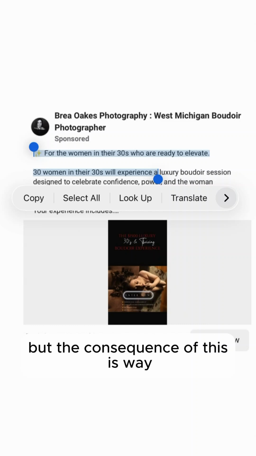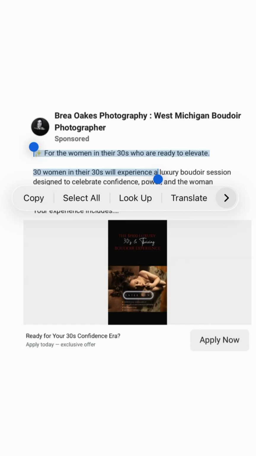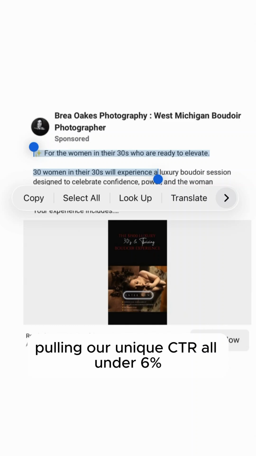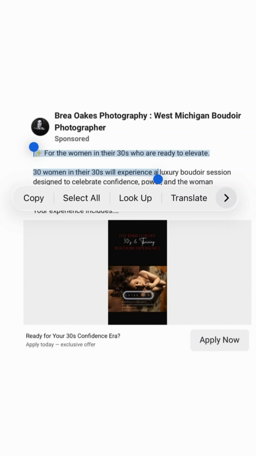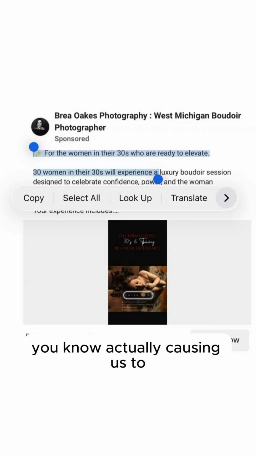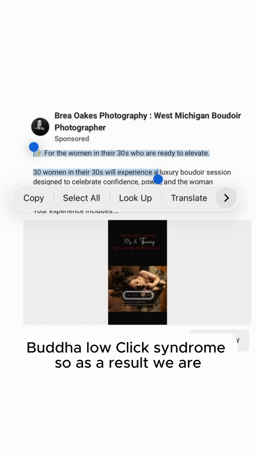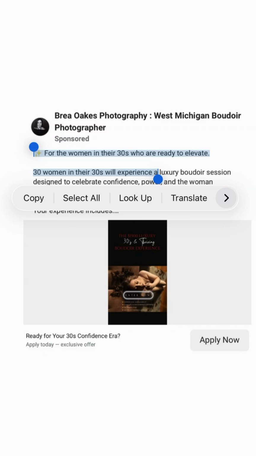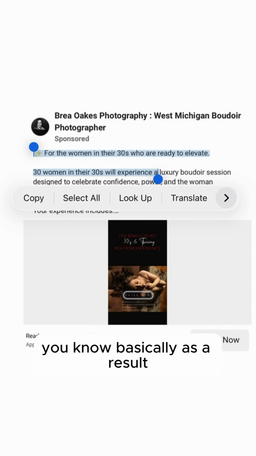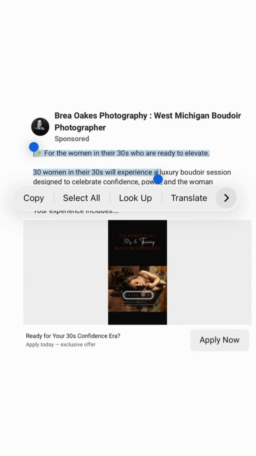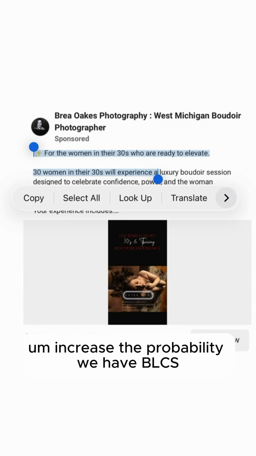But the consequence is way more women scrolling by our Boudoir Facebook ad than necessary, pulling our unique CTR under 6%, and increasing the probability we have BLCS, Boudoir low click syndrome.